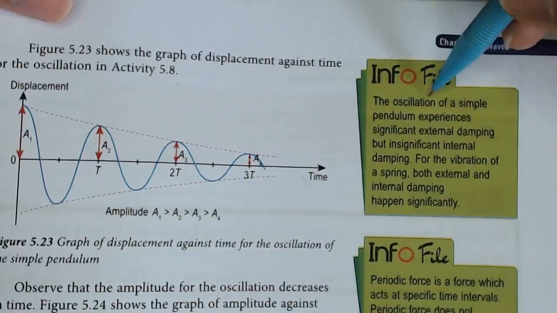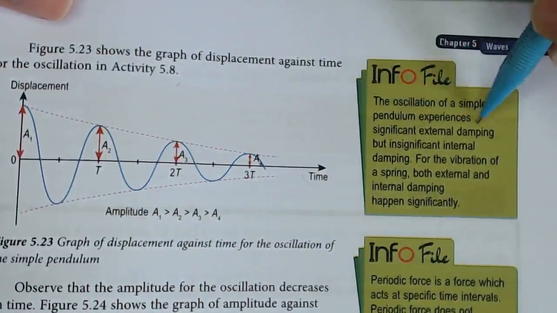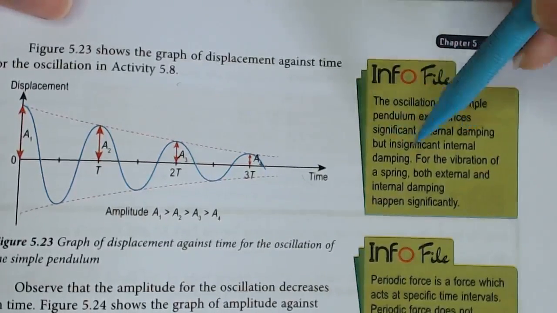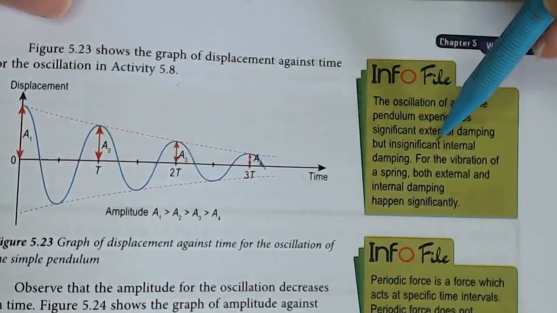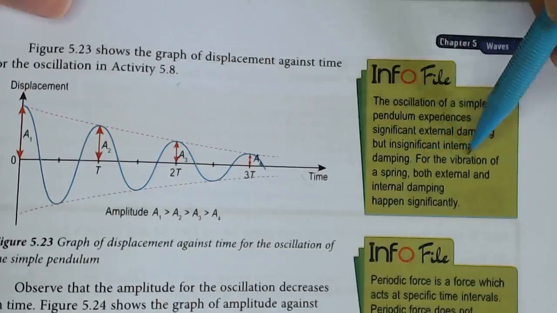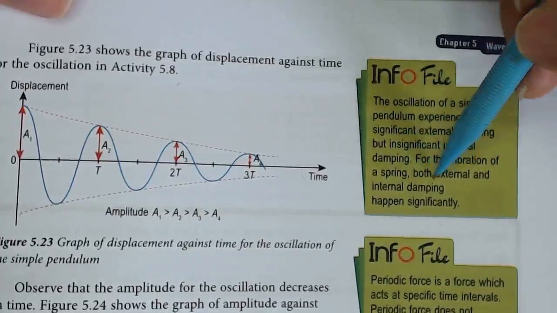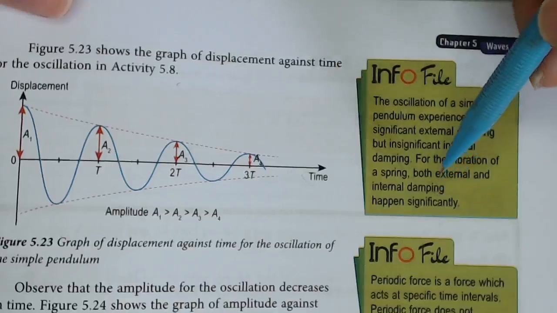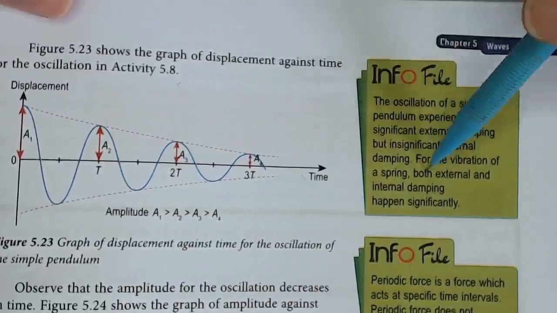The oscillation of a simple pendulum experiences significant external damping, but insignificant internal damping. For the vibration of a spring, both external and internal damping happen significantly. I don't know whether you understand this or not. Soon you'll find out.